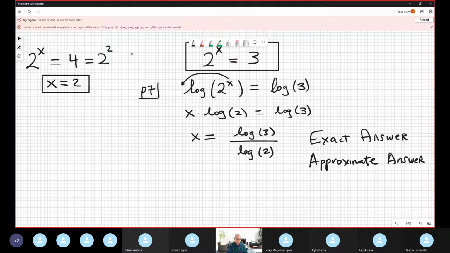I always give a specification because it's an infinite decimal. Suppose the most typical is 4 decimal places, and you round or truncate, depending on the instruction. Let's do it. It's logarithm of 3 divided by logarithm of 2.